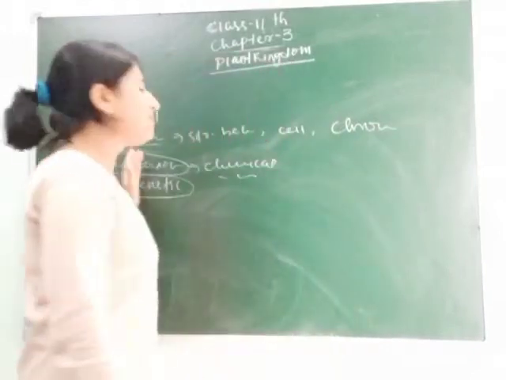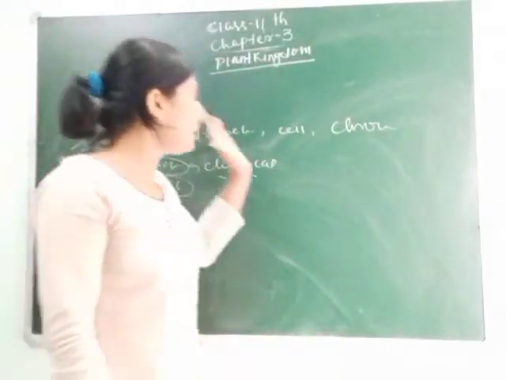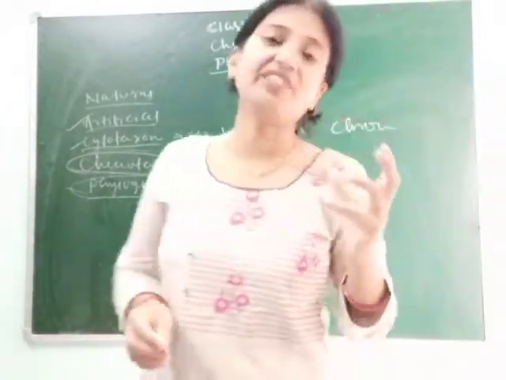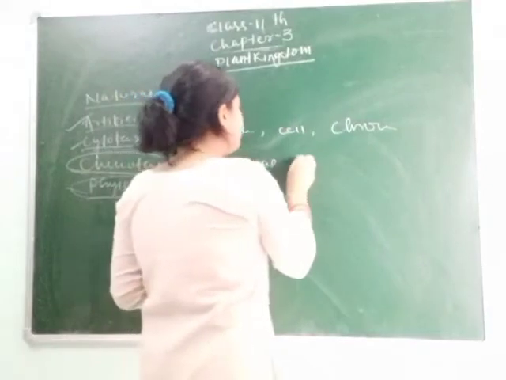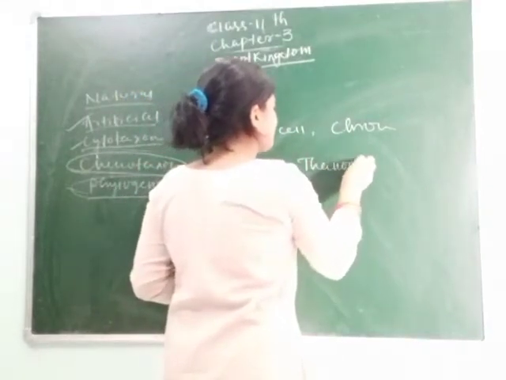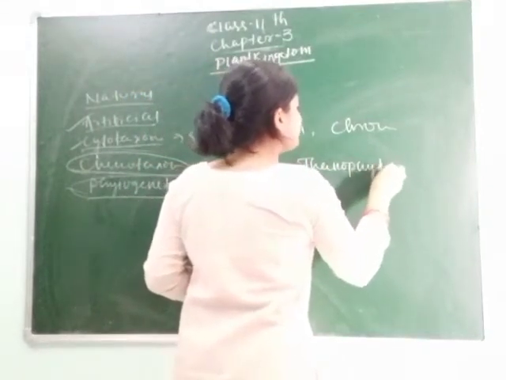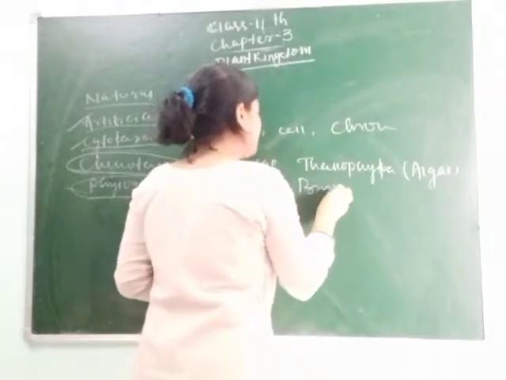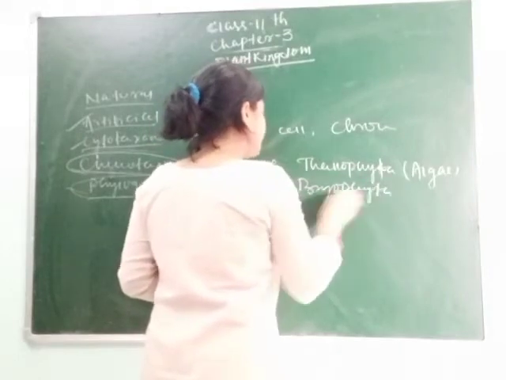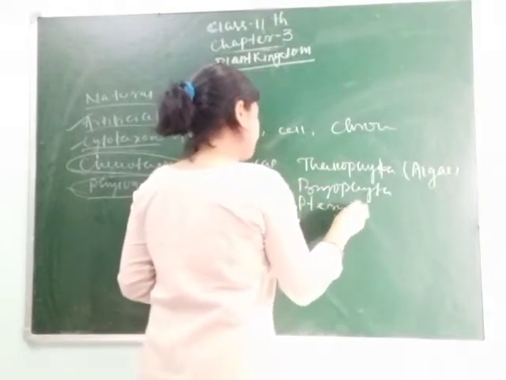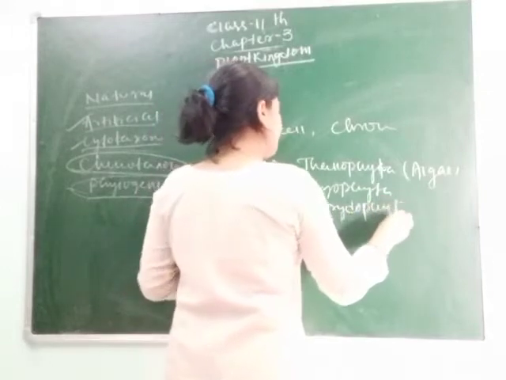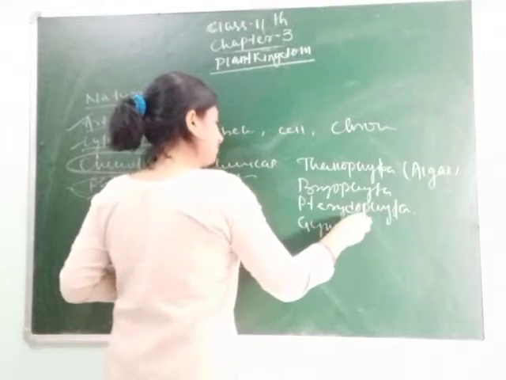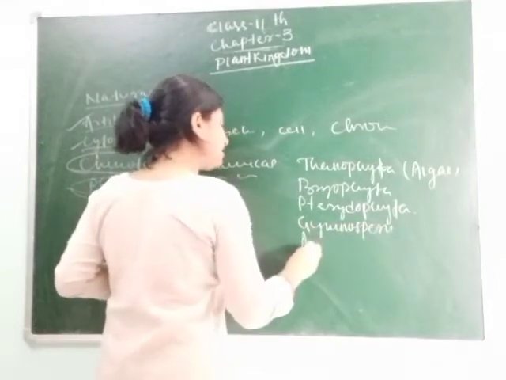So students, these are the bases of classification of the plant kingdom, and on these criteria the plant kingdom is divided into 5 major divisions. That is thallophyta, which is called algae, then bryophyta, then pteridophyta, here P is silent, then gymnosperms and angiosperms.